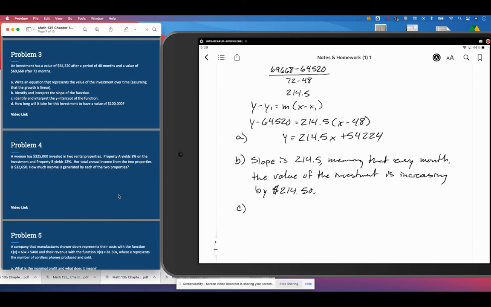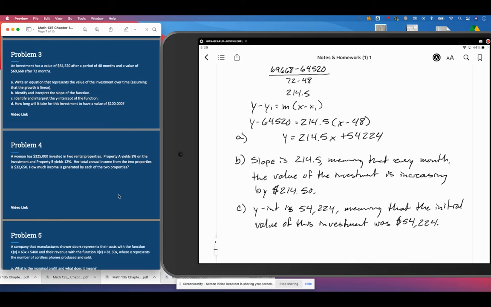Next, identify and interpret the y-intercept. The y-intercept is, let's see here, 54,224, meaning that the initial value, or the value in the beginning, of this investment was $54,224.